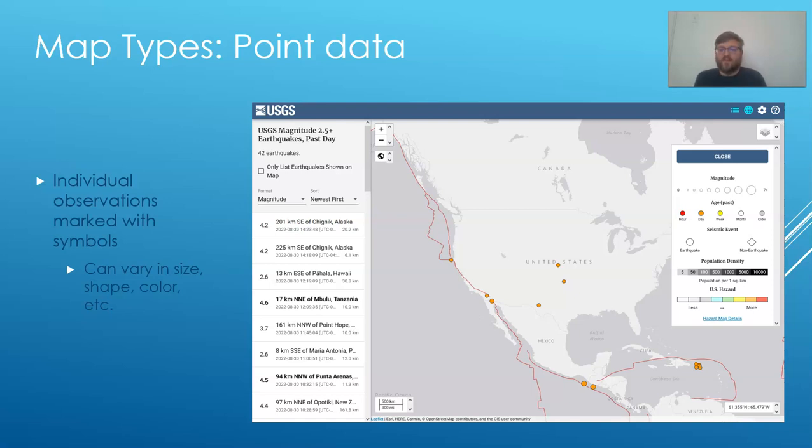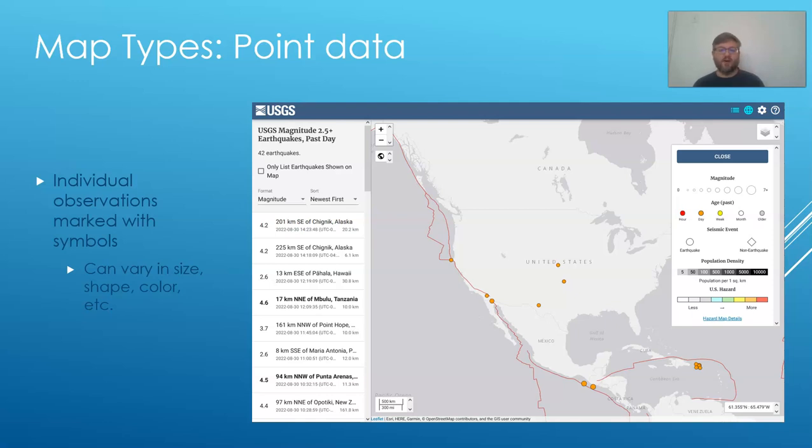Then the color of the dot is its age. So how long ago was that earthquake detected? So you can separate out the really fresh earthquakes from the ones that happened a little bit ago, see if there's shifts in where earthquakes are happening over time using the color. And then they've also got the shape. That will tell you, is it an earthquake, which is a round symbol, and that's all we've got on the map at the moment.